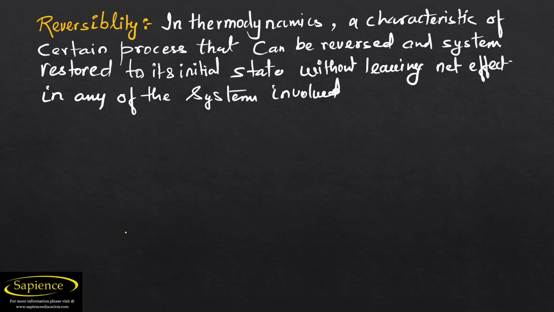So let us practically experience what happens. Suppose there is a person standing on the road. If the person goes from point 1 to point 2, he will leave footprints. Now if the person has reached here and I tell him to go back to his initial position using the same footprints, what will happen?